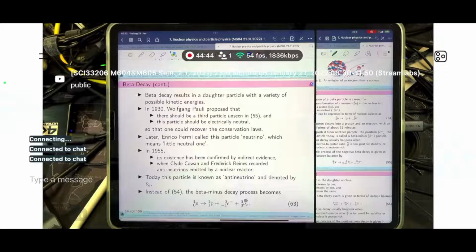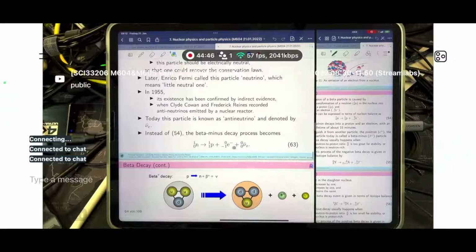But this particle is unfortunately hard to detect because it has very, very little mass, and it has no charge. Once a particle has no charge, it is very hard to detect. If it had charge, when it moves through the magnetic field, it would rotate in a circular way.